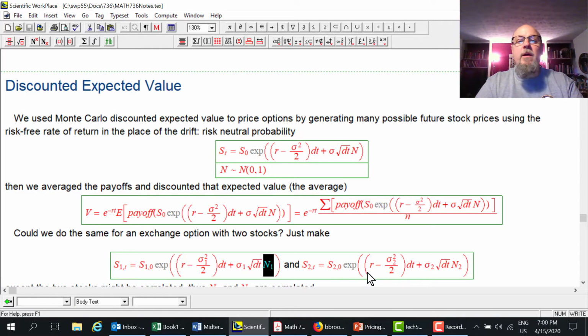The returns might be correlated, meaning that if stock 1 is, let's say, Ford, and stock 2 is GM, they're both American auto companies, so you would think they're generally correlated. They would generally go up at the same time and go down at the same time. So N1 and N2 are not just independent normals. They're not independent numbers. They should be correlated.